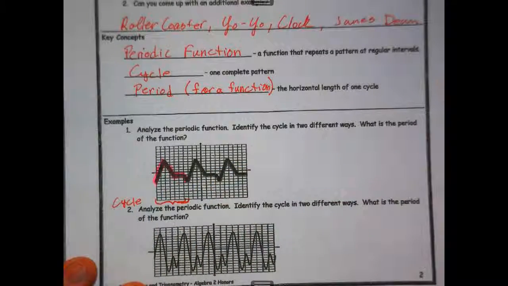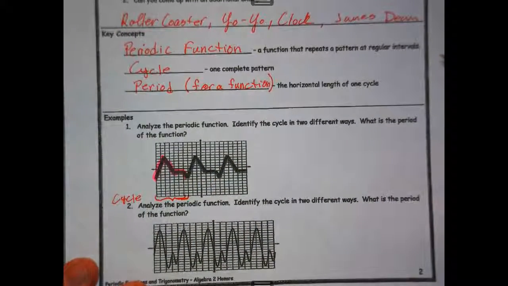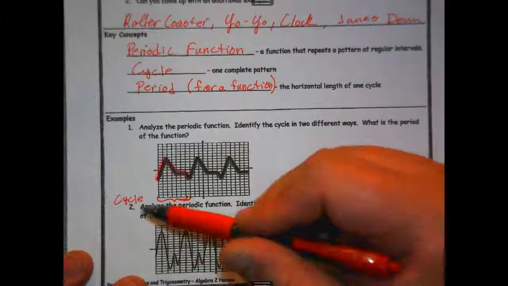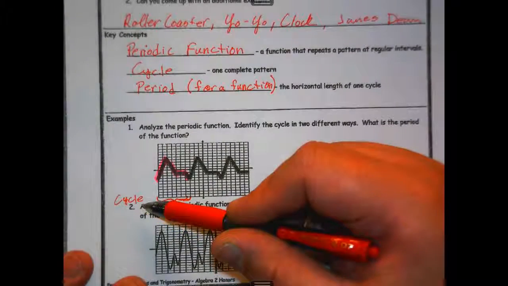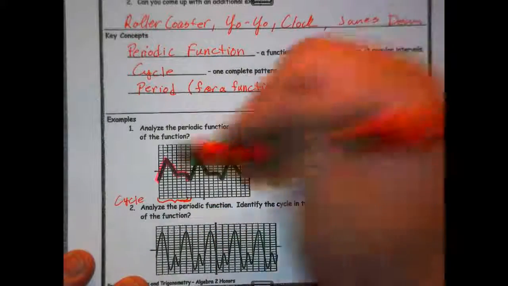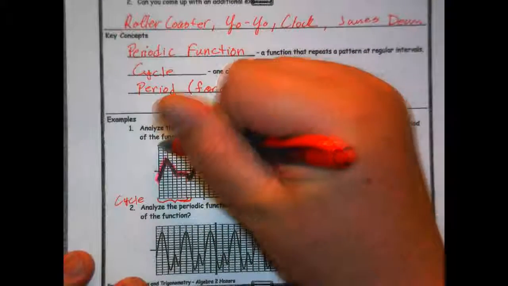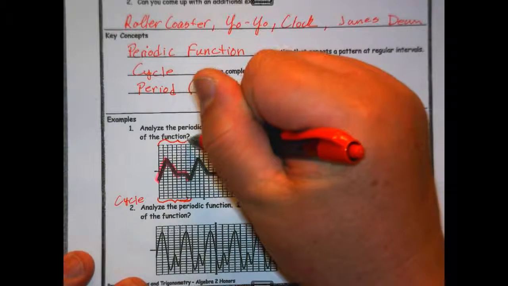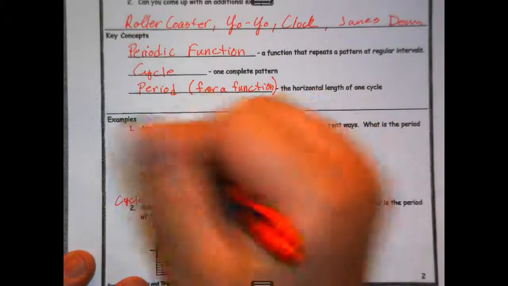Now, the period is the length, so it's a measurement of this cycle. My period goes from here to here, and we're going to measure it.